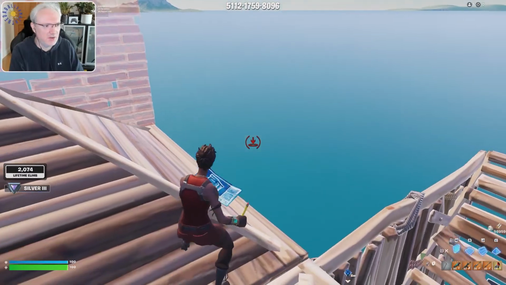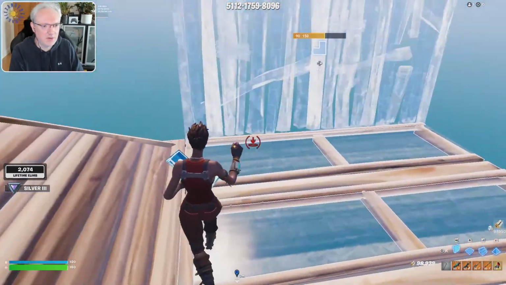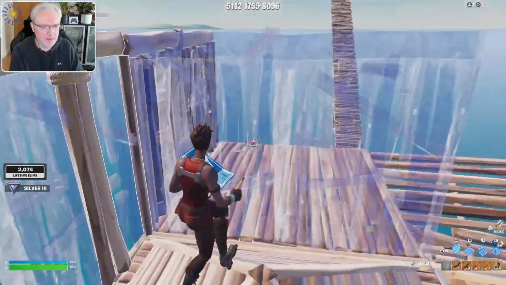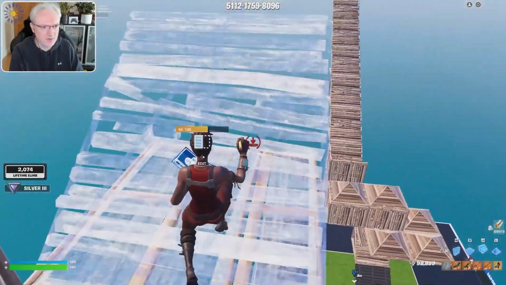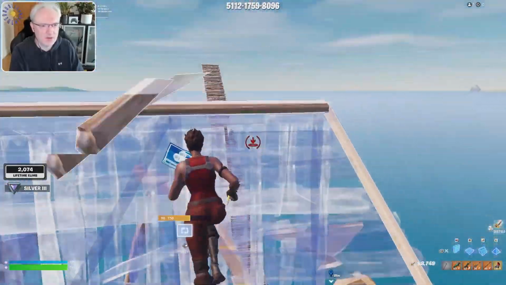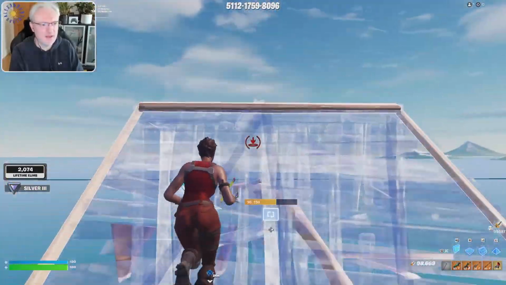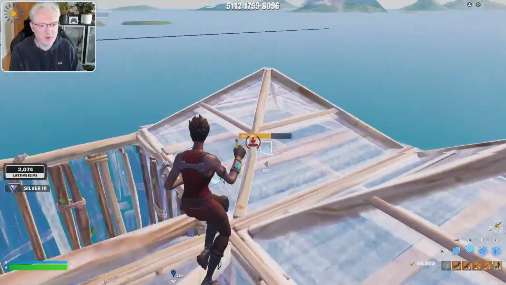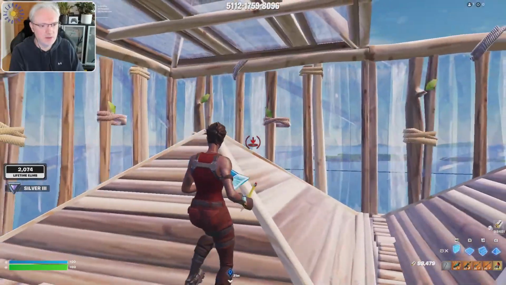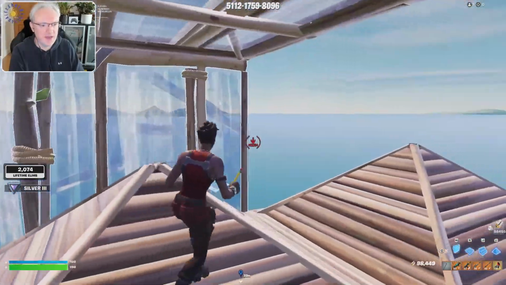Why can't I build in anything else than wood? That's annoying. Have they made that better? Less bits coming in from all over the place. I think they've made that better.